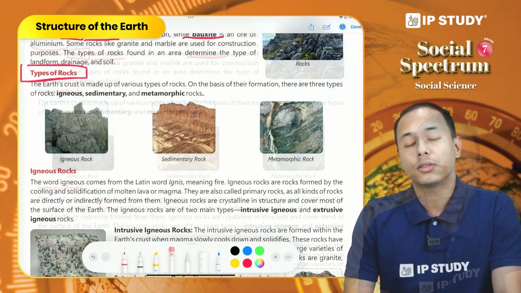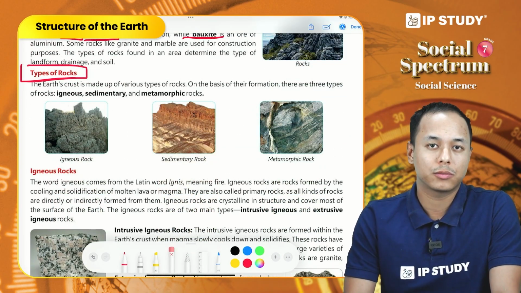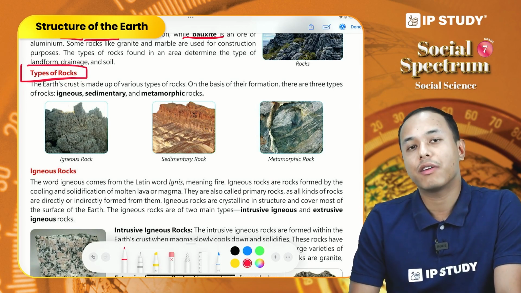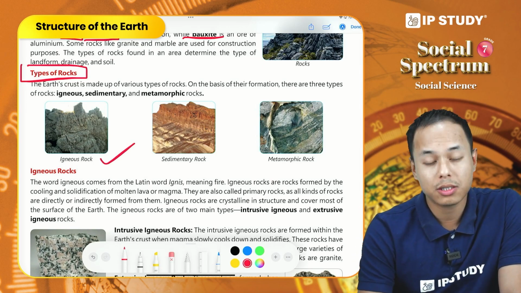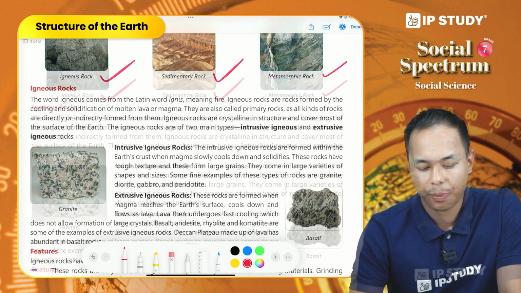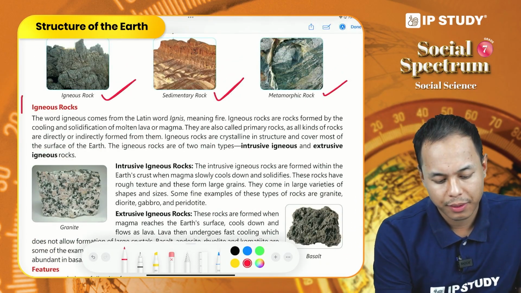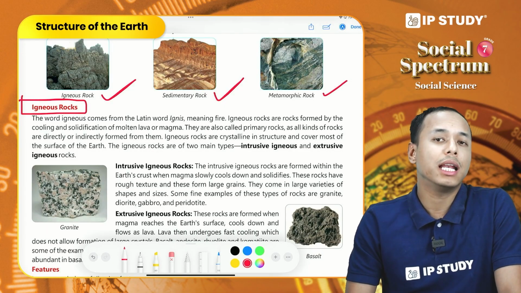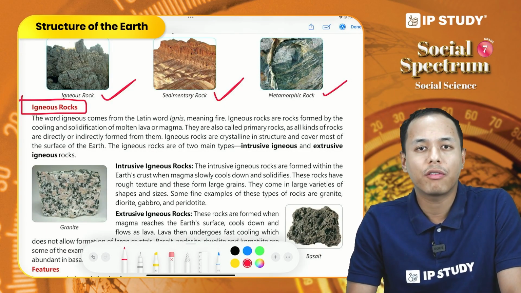Okay. So now let us see types of rocks. So on the basis of their formation, rocks can be classified into three types. Firstly, igneous rocks, sedimentary rocks and metamorphic rocks. So now let us discuss igneous rocks. The word igneous has been derived from the Latin word ignis, which means fire.